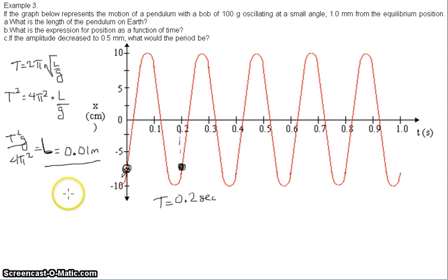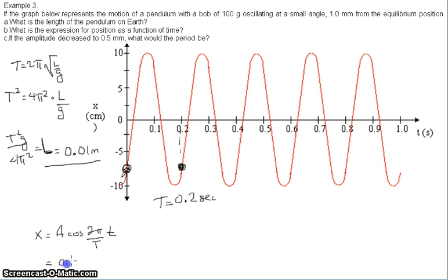So what is the expression for position as a function of time? We have x is equal to A times cosine of omega t, where omega is 2π over T. Okay, we know in this case, 1 millimeter would be the amplitude.